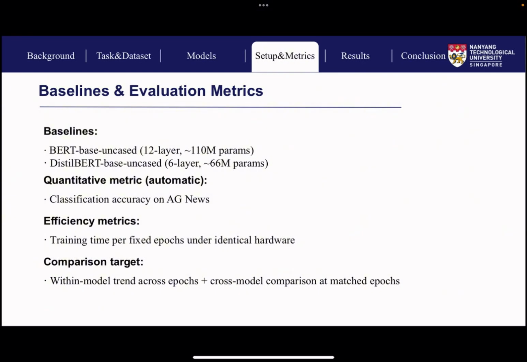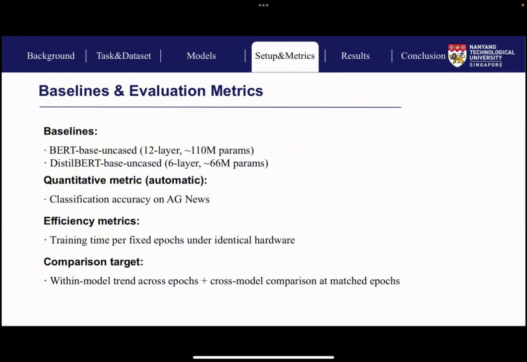First, efficiency, measured by the training time per fixed number of epochs. This tells us not just how fast the models run, but how expensive it is to run. Secondly, the quantitative performance, measured by the classification accuracy on the AG News dataset.